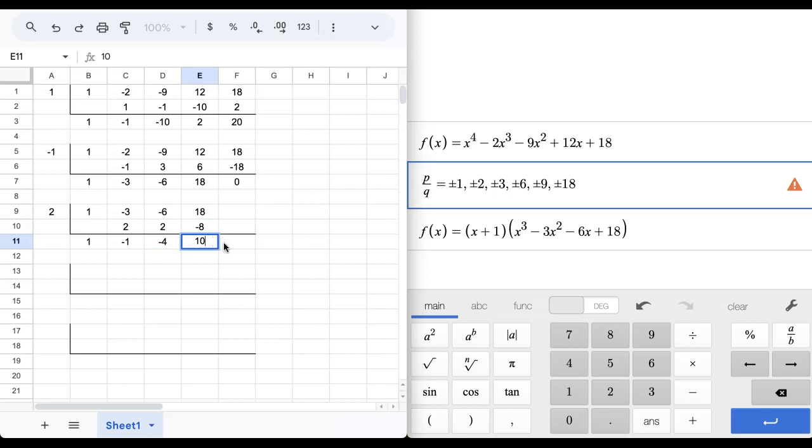It does not equal 0. So we're going to try the next one, which is negative 2. Add our way down, multiply, add our way down, multiply, add our way down, multiply. That did not work either.